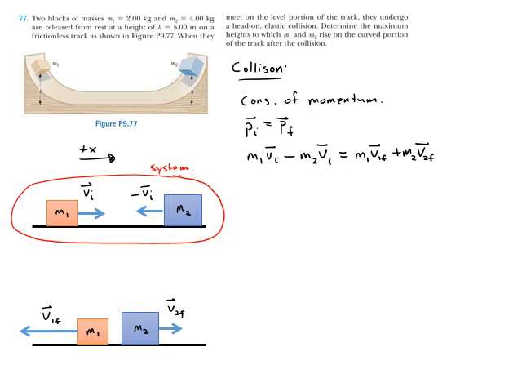All right, so I've got two unknowns, v1f and v2f, but I've only got one equation here, right? So this is one equation that we got from conservation of momentum. I need another equation. Can't solve a system with two unknowns with only one equation, so I need one more equation. You could use conservation of energy, since this is an elastic collision.